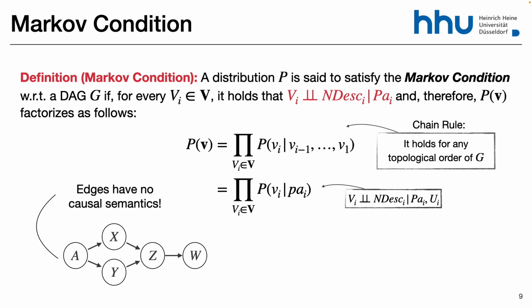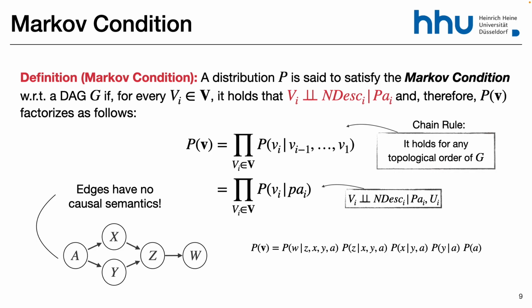So suppose that I have this graph, and then I can factorize using any order that I choose. I just chose this one because I wanted to. The order that I chose was W, Z, X, Y, and A. I can choose any order, and everything that's coming after the bar here can be simplified.